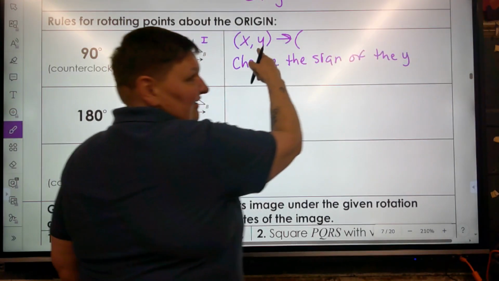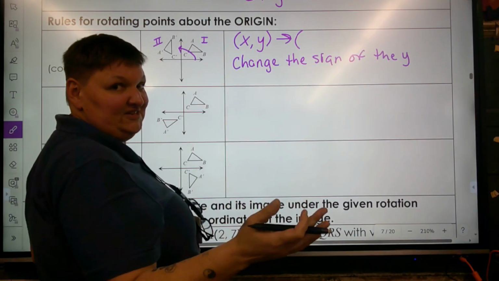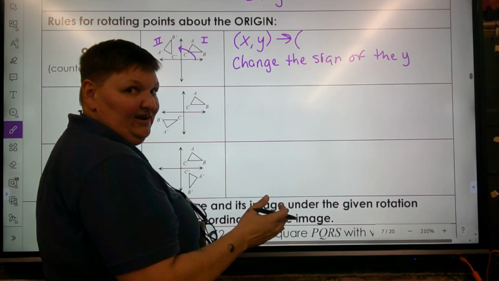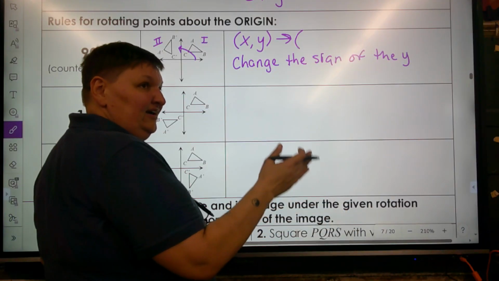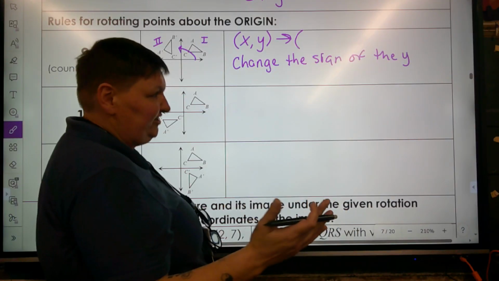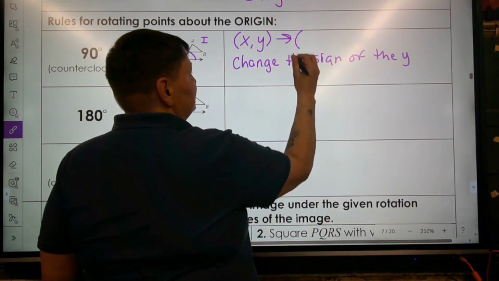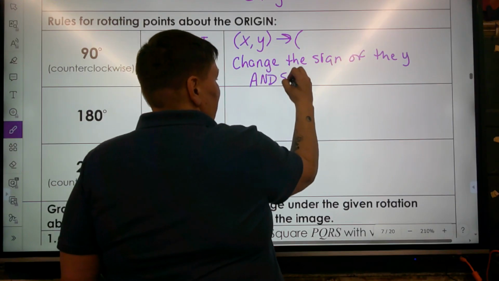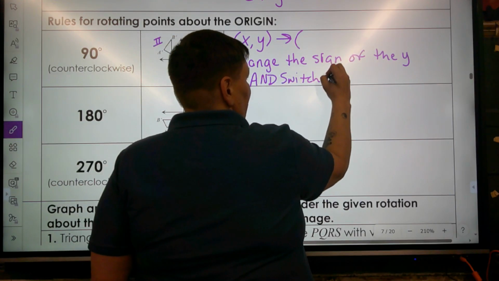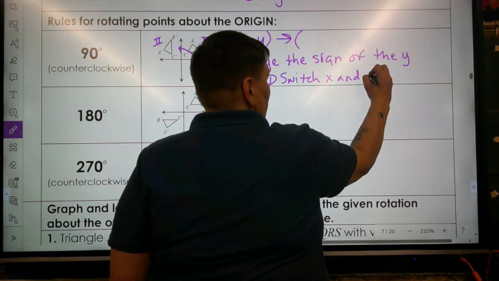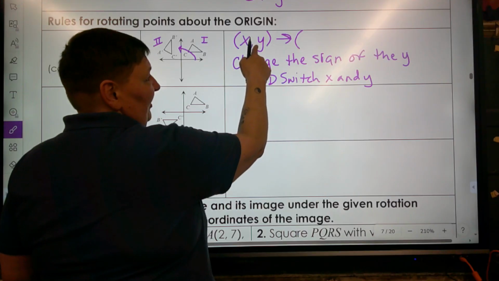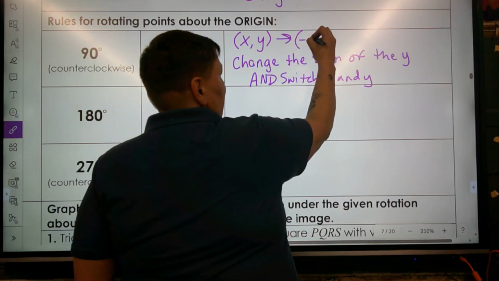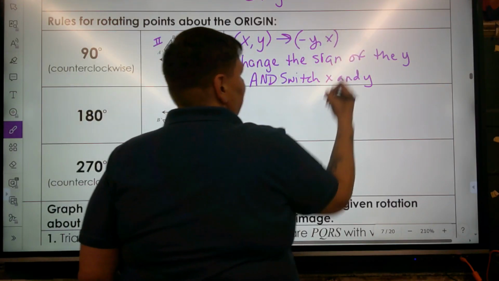So it's going to become a negative y, or if it's a negative y, it's going to become a positive y. If it's positive, make it negative. If it's negative, make it positive. Change the sign of the y, and then switch x and y. Right? So now this is a negative y, and then we're going to switch them. So it's going to be negative y, comma x.